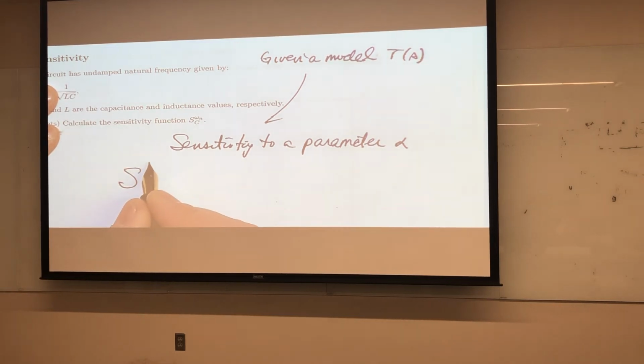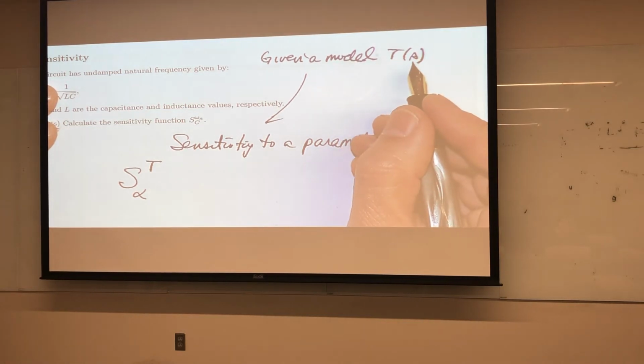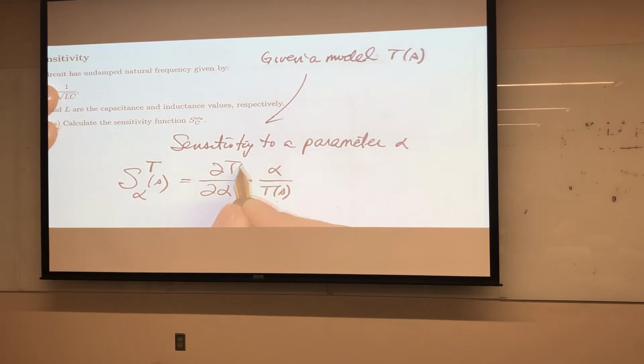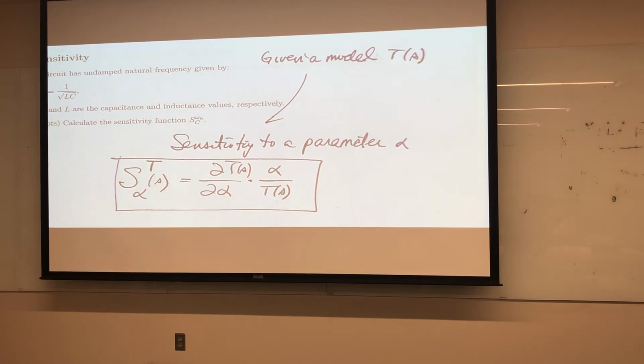It's called S. It's the sensitivity of the model T with respect to alpha. And since our models are with respect to S, it turns out the sensitivity function will also be a function of S. But the definition is simply to take the derivative of T with respect to alpha, then multiply by alpha and then divide by T. So this is just an application of an equation.